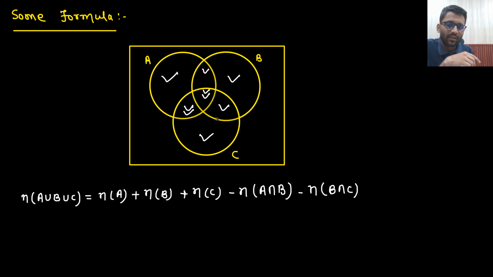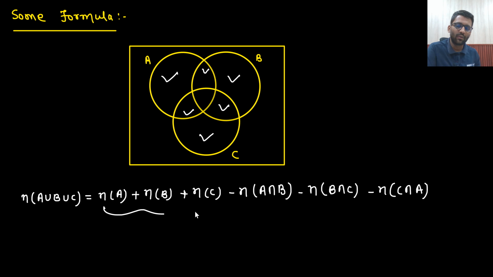So this will be gone and this will be gone again. Now, if I do C intersection A, this is the part of C intersection A. In C intersection A, this will be gone and this will again be gone.